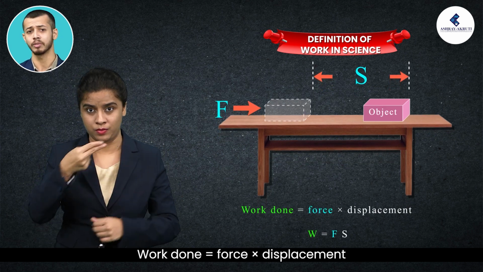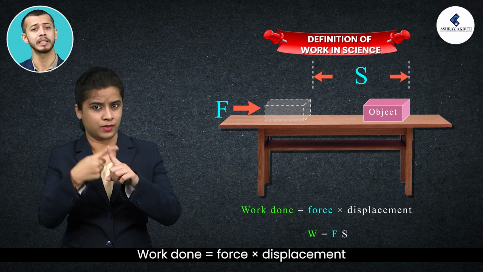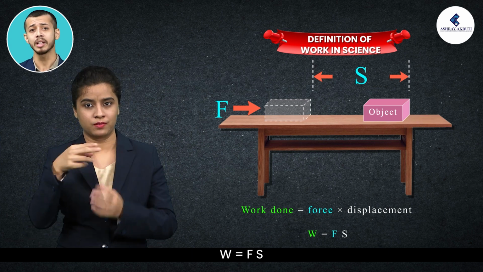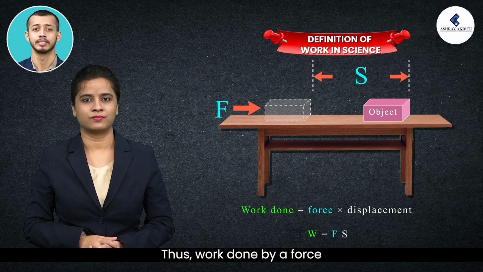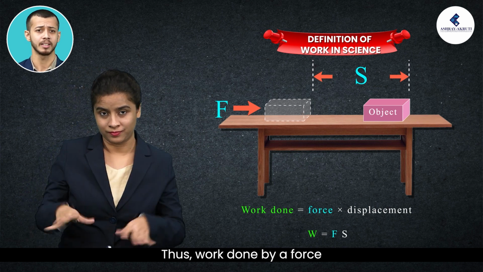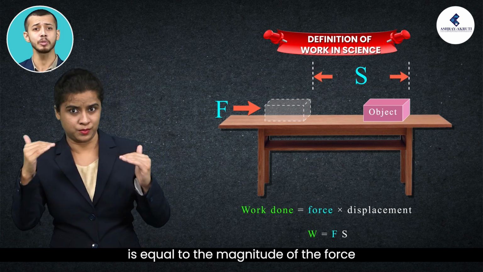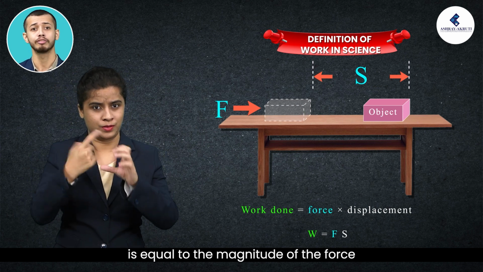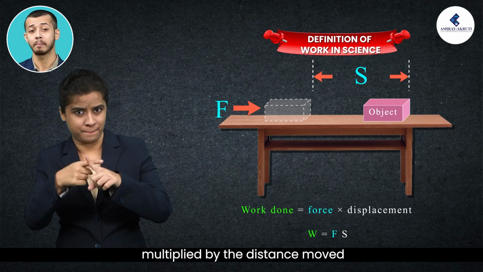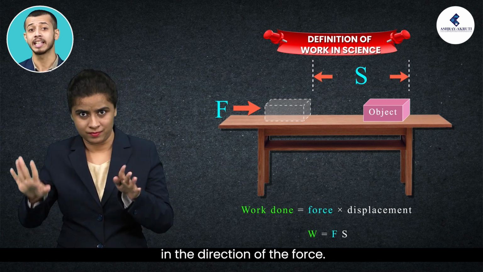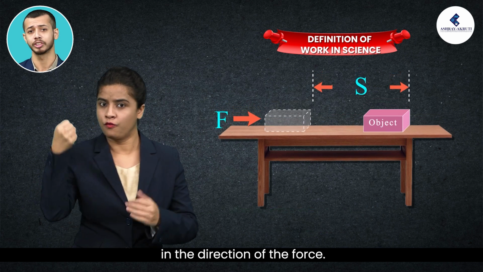Work done equals force into displacement. W equals F into S. Thus, work done by a force acting on an object is equal to the magnitude of the force multiplied by the distance moved in the direction of the force.